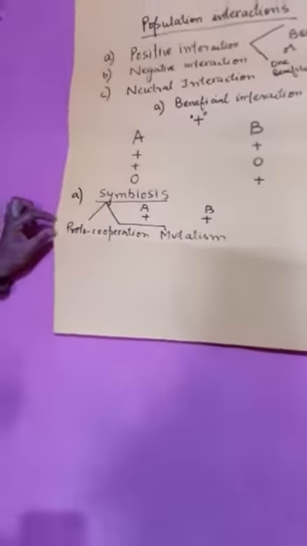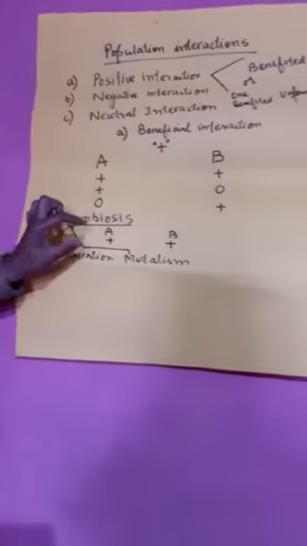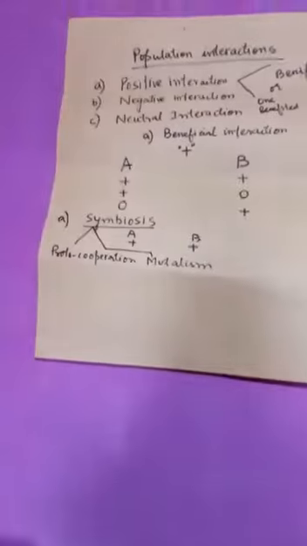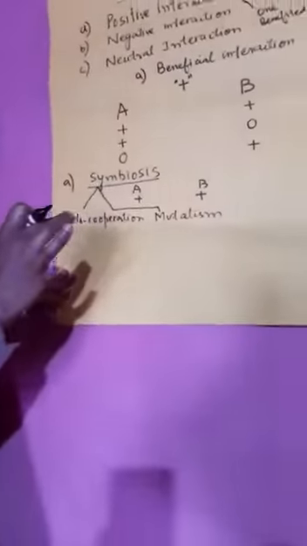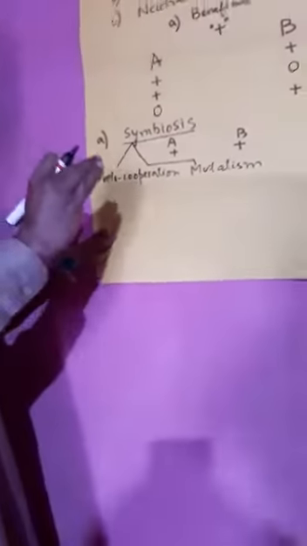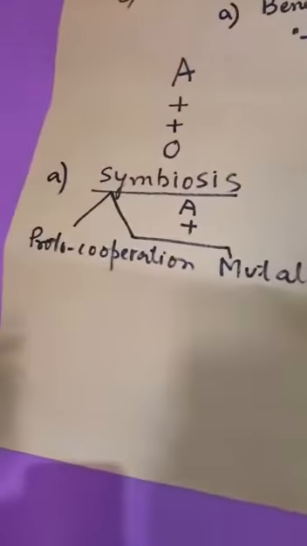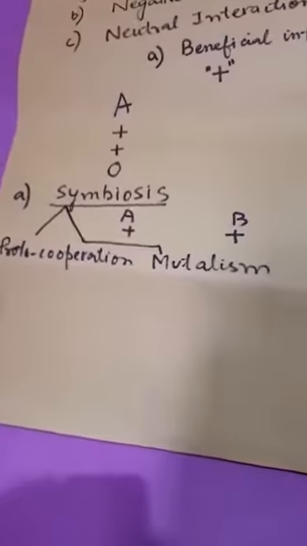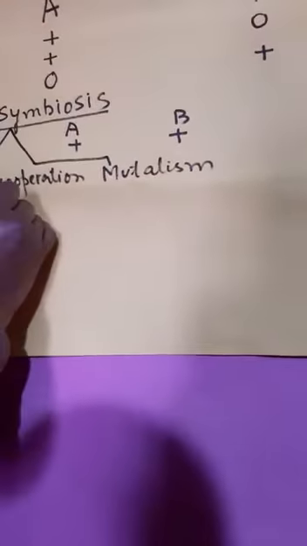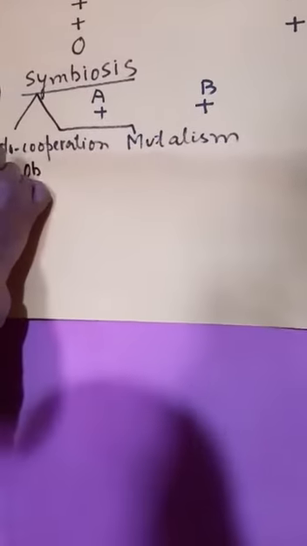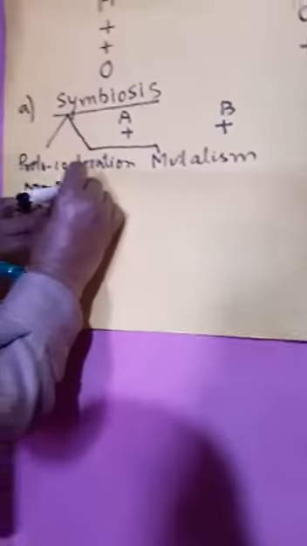Now, what is the difference between proto-cooperation and mutualism? In proto-cooperation, there is also a close association between the two species, but the relationship is not obligatory.